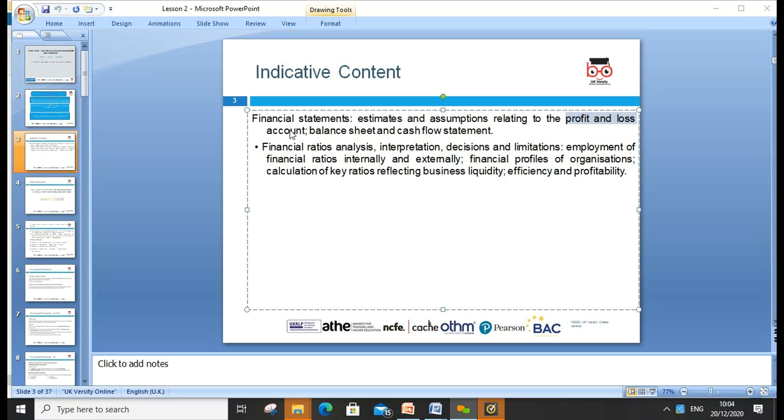And third is cash flow. Cash flow shows how much money comes in and goes out from the business. And then we have different ratios which we call financial ratios. We categorize them into four major categories: profitability ratios, liquidity ratios, use of resources, and efficiency ratios. All of this we will go through in today's lesson.